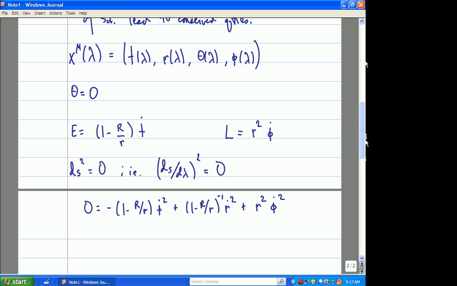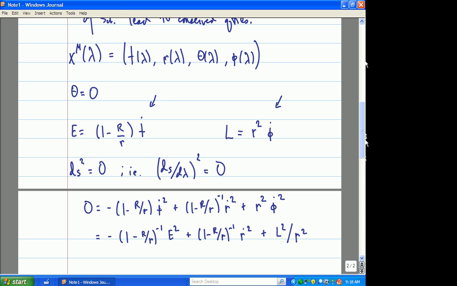This is exactly what we did last time. And then using the expressions for t dot and φ dot that we can derive from these conserved quantities, we see that this can be written as a first order equation for r and r dot, which I will write down here, and it involves r dot, the angular momentum L, and the energy E. And this is exactly the same as the equation that we wrote down last time for the time-like geodesics, except it's even simpler.